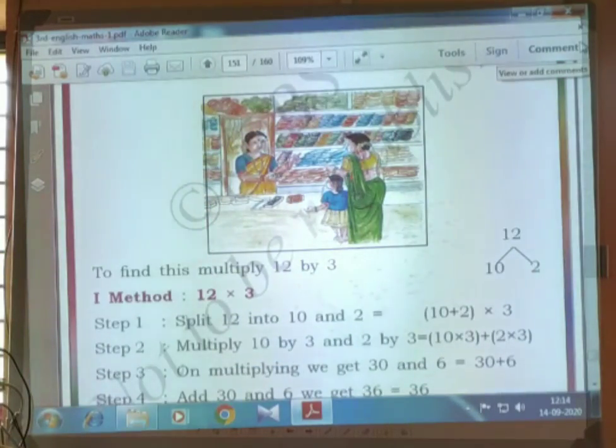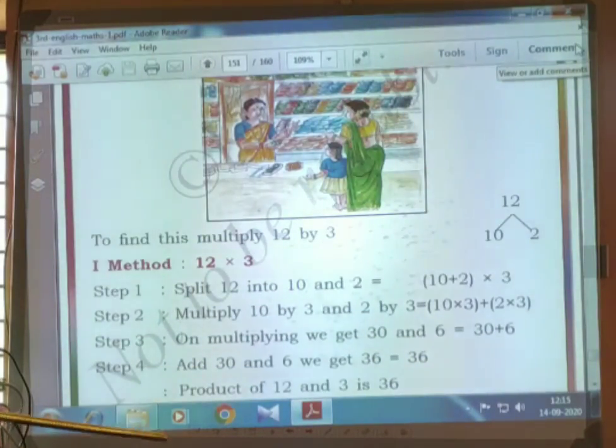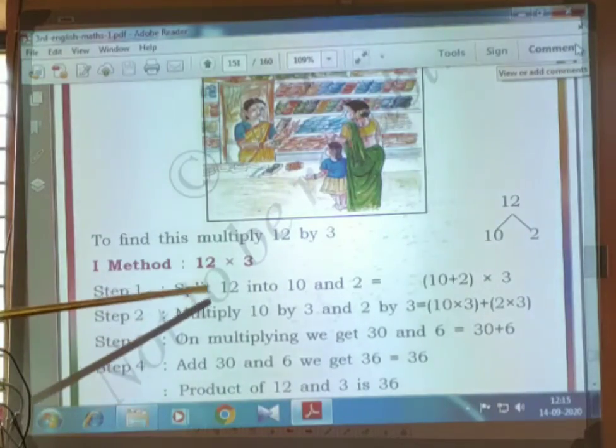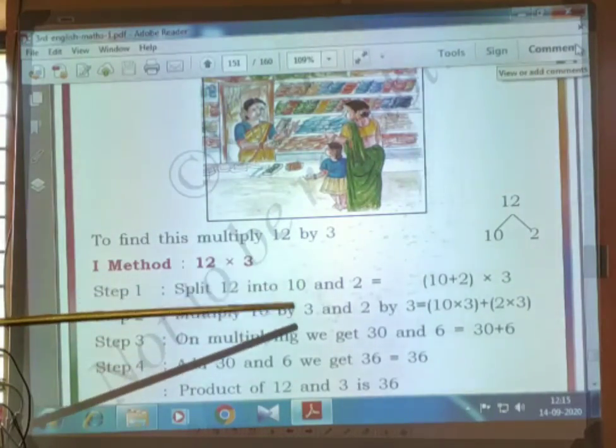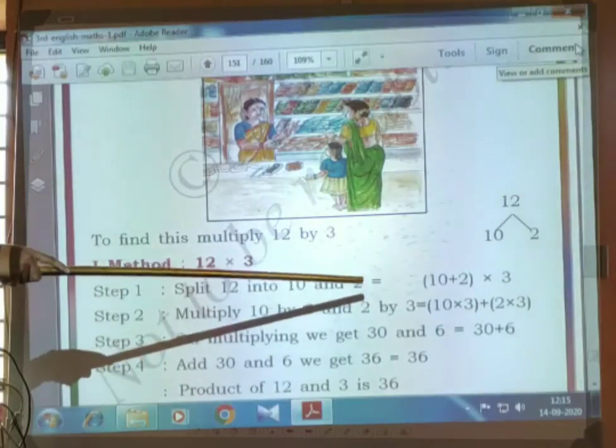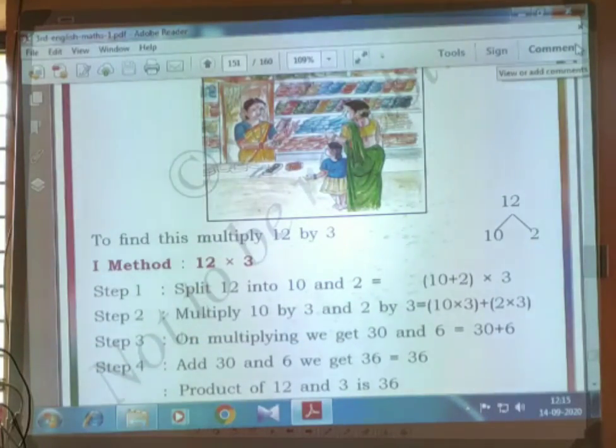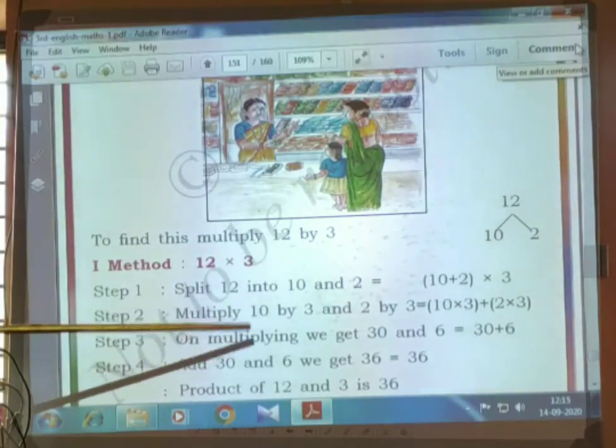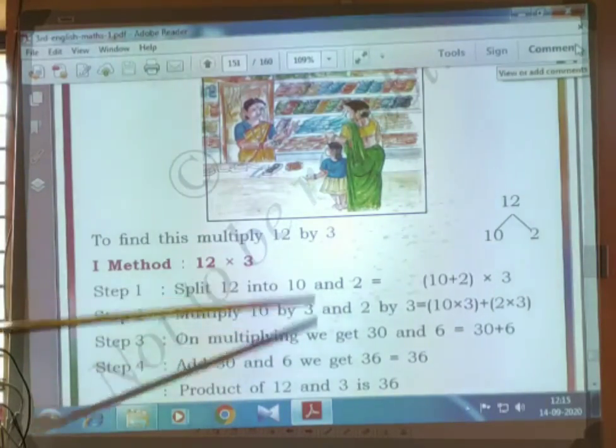To find this, multiply 12 by 3. Two methods are there. Method 1, step 1: split 12 into 10 and 2, that is, 10 plus 2 in brackets, multiplied by 3. Step 2: multiply 10 by 3 and 2 by 3.